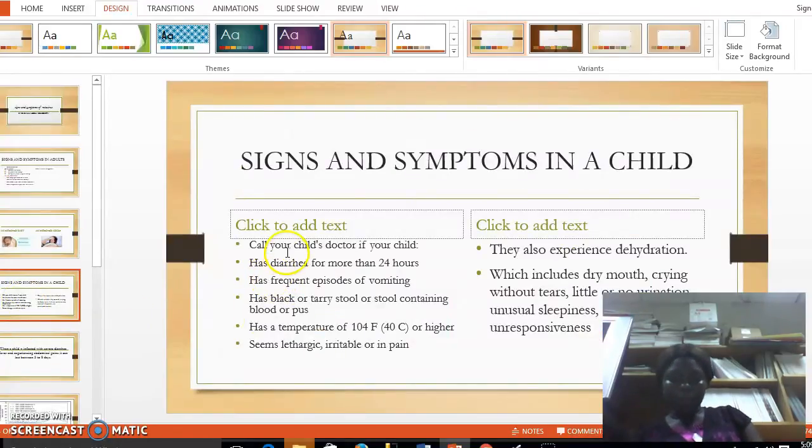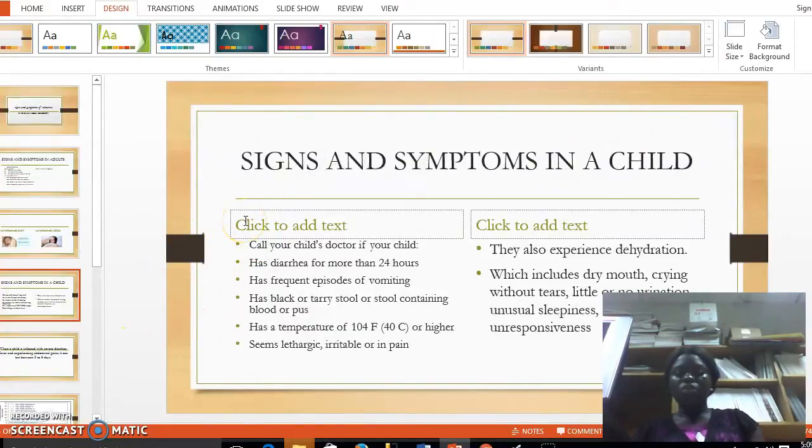In children, you should also call your doctor if your child has diarrhea for more than 24 hours, has frequent episodes of vomiting, has black or tarry stools or stools containing blood, has a temperature higher than 104 Fahrenheit or 40 degrees Celsius, has irritability and pain, and also experiences dehydration, which includes dry mouth, crying without tears, little or no urination, unusual sleepiness, or unresponsiveness.